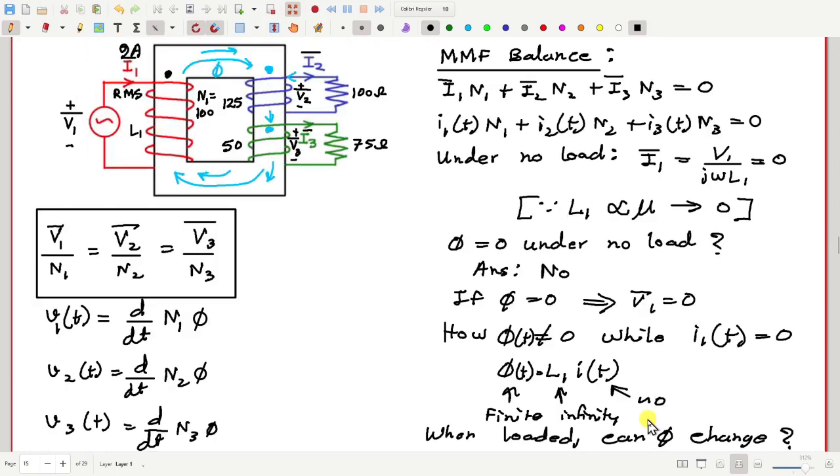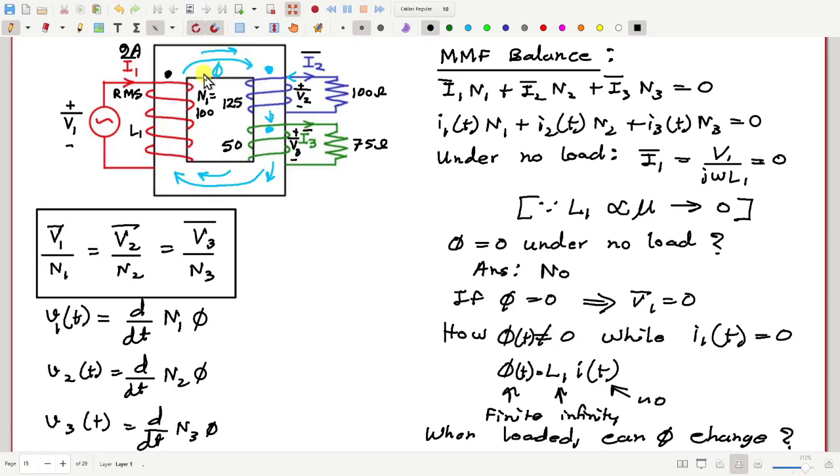Okay, so phi should remain constant, but now we have currents I2 and I3 flowing, which were previously 0 under no load, and I1 was also approximately equal to 0 under no load. But now I1 need not be equal to 0. What should happen is that the MMF for I2, I3 and I1 should all cancel each other. The total MMF should cancel so that there is no further increase or decrease of flux.